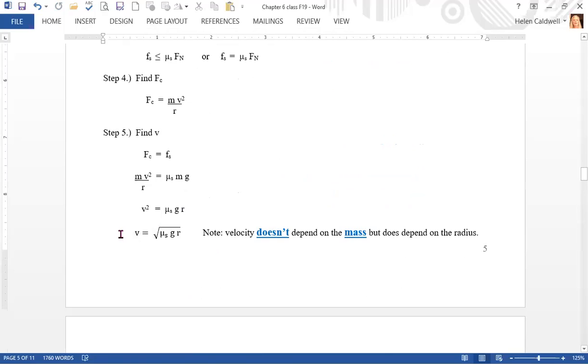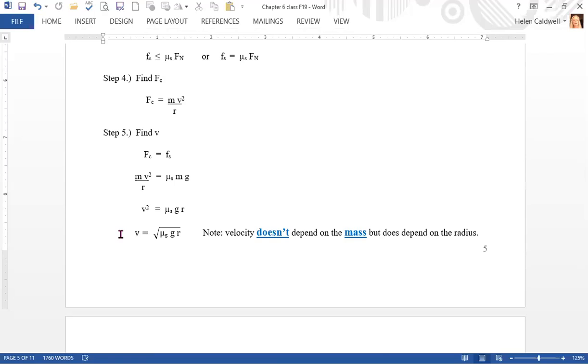The velocity is going to equal the square root of mu sub s, the coefficient of static friction, multiplied by little g. Remember, little g is 9.8 meters per second squared, multiplied by r, which is the radius of the curve. So take those three things, multiply them together, get an answer, take the square root.